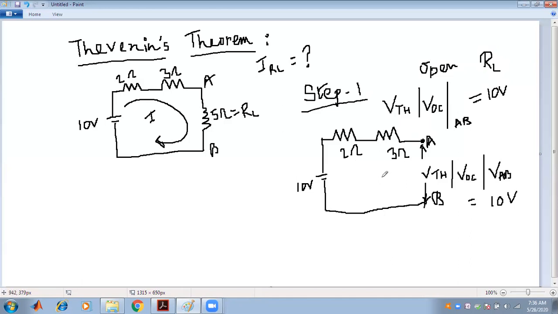The value of I for that side is 0, meaning no current is flowing, it's open circuit. So the voltage across the terminal CD will be the same as the voltage across the terminal AB, and this is known as the open circuit voltage or VTH.